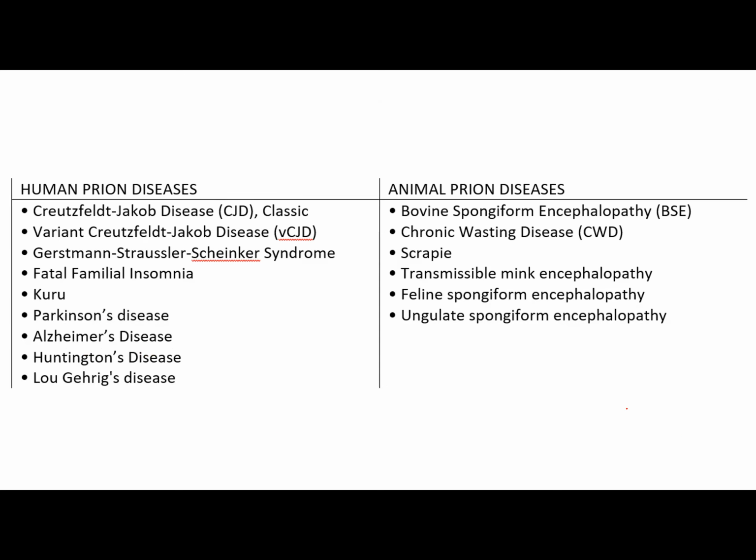Now, what are the types of prion diseases class? So there are human and animal prion diseases. The first one is your human prion diseases. Under human prion diseases, we have your Creutzfeldt-Jakob disease, also known as the classical CJD. Then we have your variant Creutzfeldt-Jakob disease or your VCJD.